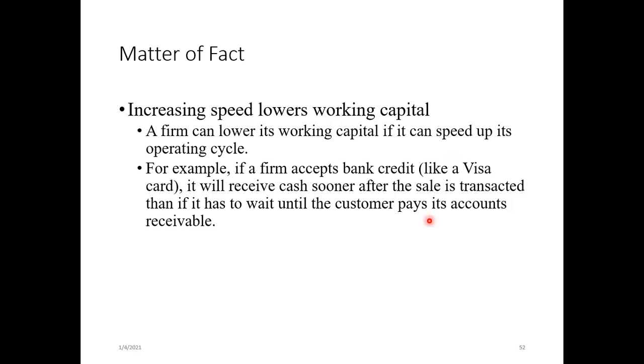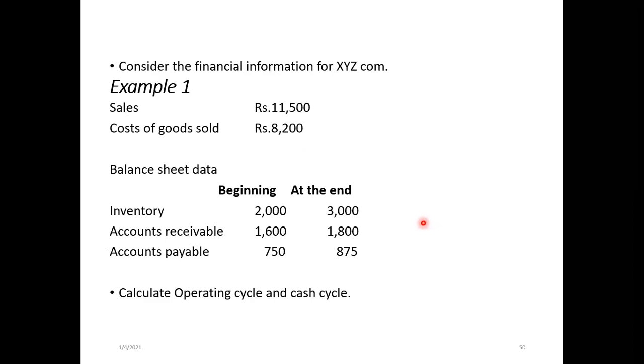So an efficient manager has to shorten the operating cycle period. Then they can increase the number of cycles in a year. When the number of cycles increases, they can earn more profit. Here, in this diagram, you can understand the things.